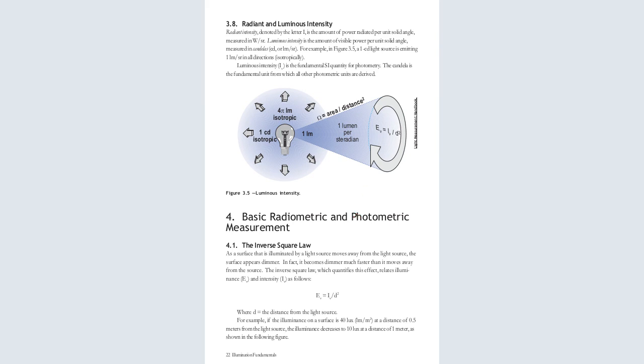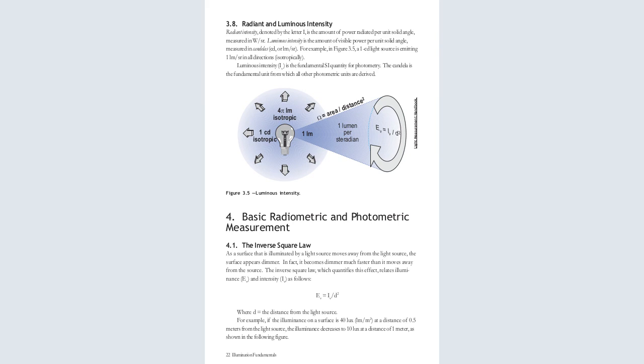So the basic radiometric and photometric measurements: the inverse square law. I'm going through all this so that you can have the basics. You remember last week we talked about the inverse square law, and we said that as a surface moves away from the light source, it appears dimmer.